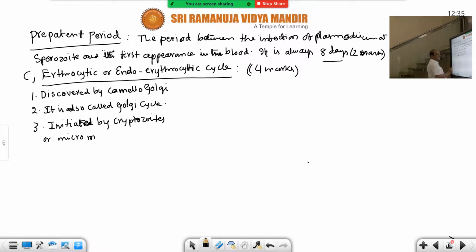Micro-metacryptozoites belong to exoerythrocytic cycle. Cryptozoites belong to pre-erythrocytic cycle. So either of these two stages start. That's why already I told you this is a 2 marks question: at what stages is the erythrocytic cycle started? Cryptozoites, micro-metacryptozoites, either of these two stages.